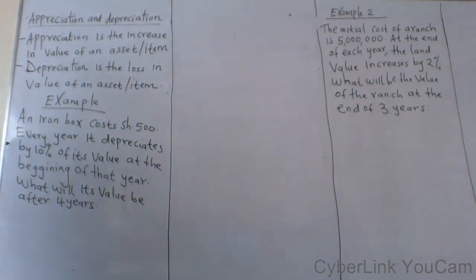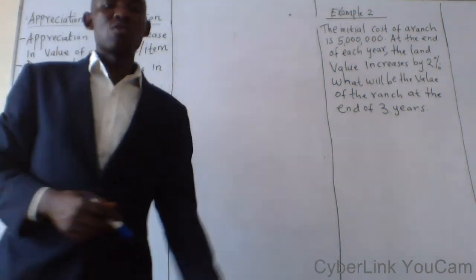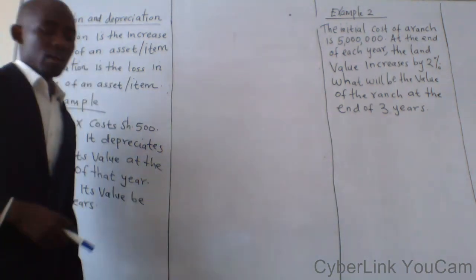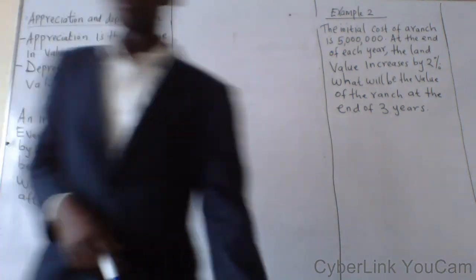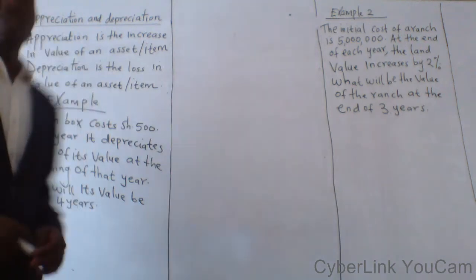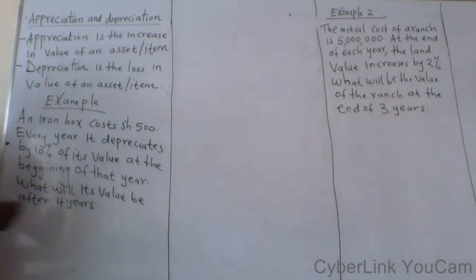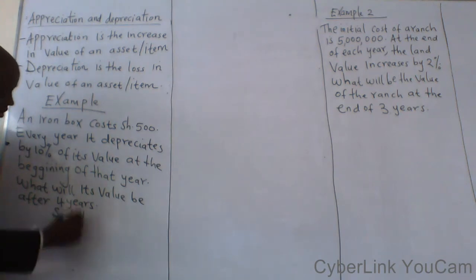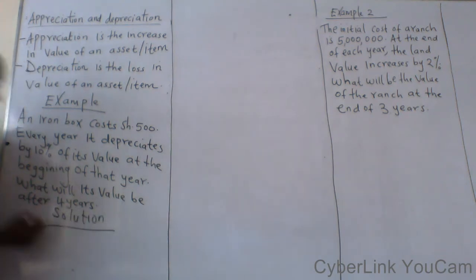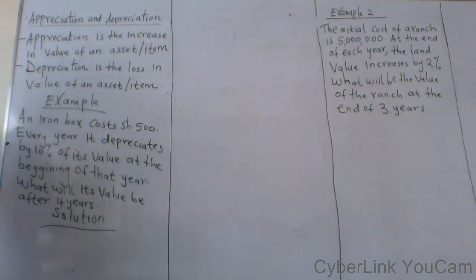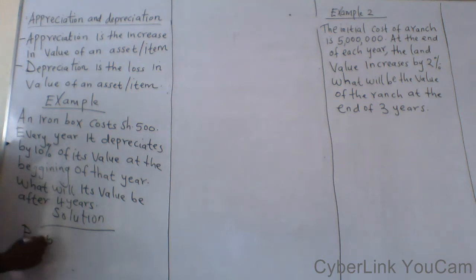The first thing that we shall do is to extract the information that we have been given in the question. The first information we will pick is our principal. The starting point is 500 shillings.